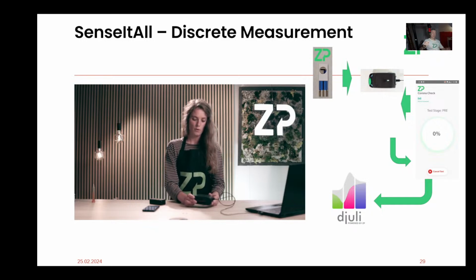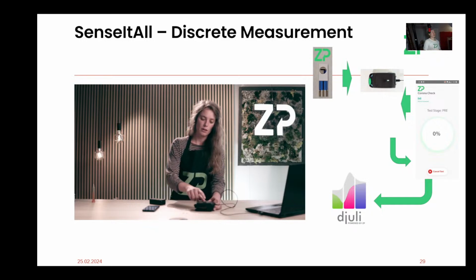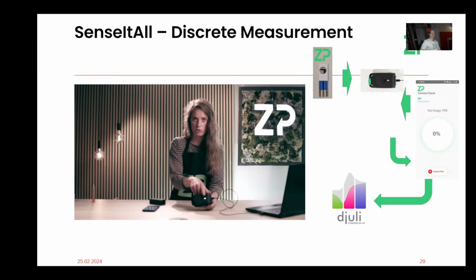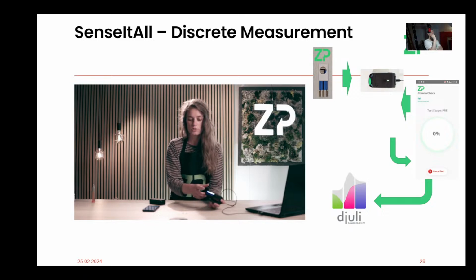Anyway, so these people are using one of our hyper-value screen printed electrodes, but that means that they're primed to be able to come onto this Sense It All platform and take this product to the market. The reason that they can do this as well is because they've chosen the carbon electrode, so it's low cost. And also, it's got a good repeatability about it.